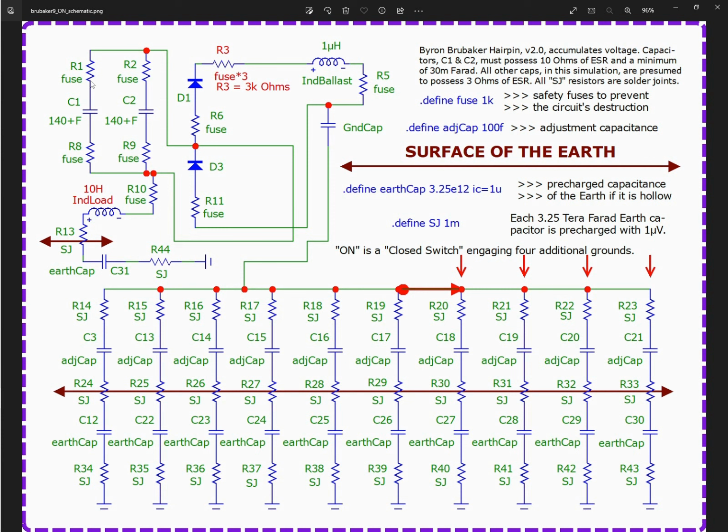So all these fuses are 1 kiloohm, except for this one, which is 3 times 1 kiloohm, because I found I needed that to suppress the impedance on the load to get it to its minimal value, which I found by trial and error to be somewhere in the vicinity of 7 ohms.